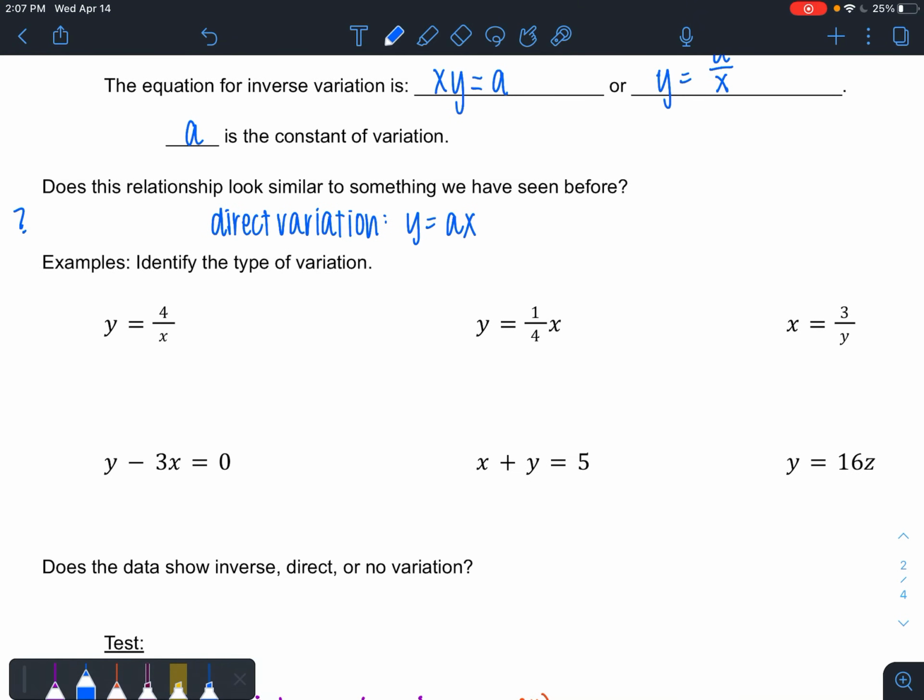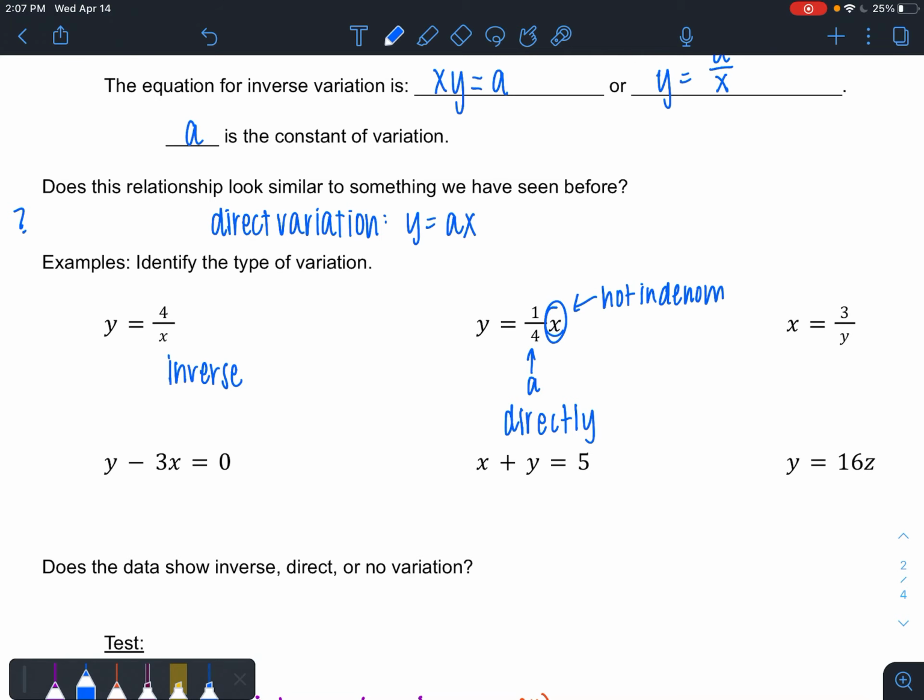For the first one, I've divided by x, so we have inverse variation. For this one, I have 1/4, which is a fraction, but the x is not in the denominator. So this is my x and a is 1/4. So this is going to vary directly.